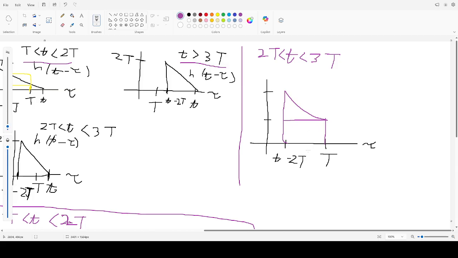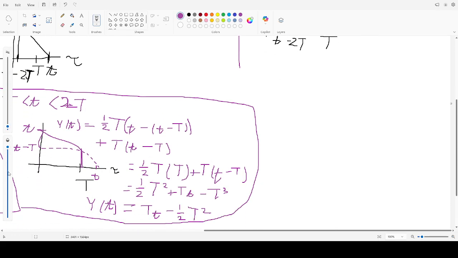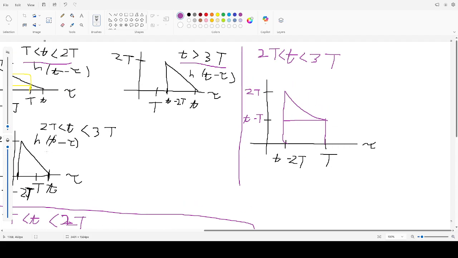So this height here is 2 big T, and this height is t minus big T. It's the same rectangle as in the previous one. That's why the height is little t minus big T. And the reason why the height here is 2T is because that's the maximum height of the back of the triangle. So this is where the back of the triangle ends, and the front of the triangle is cut off because it's past the big T.